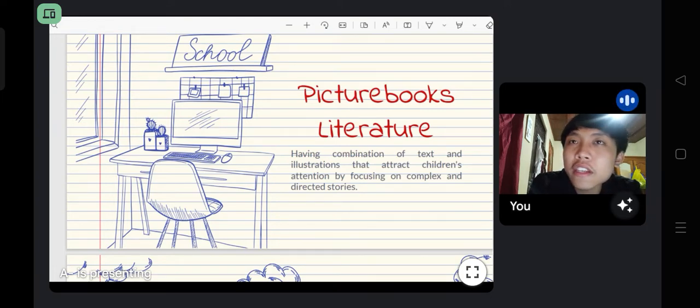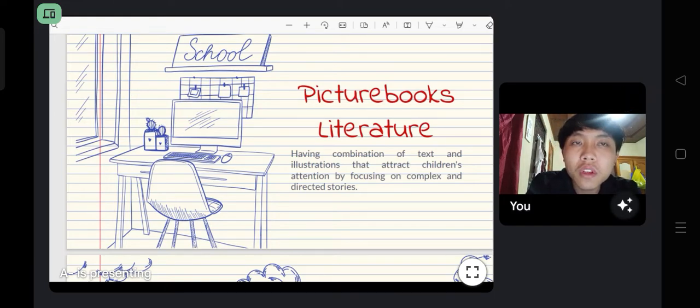So we can assume this type of literature has illustrations, so it will be interesting and attract young learners to read more, because the interesting illustrations encourage them to read.